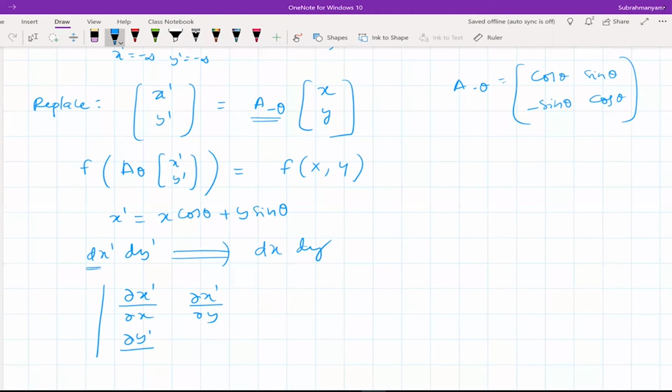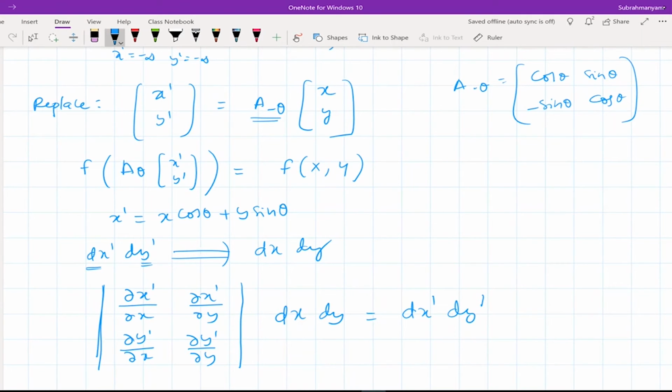On one side you have x dash and y dash. So for y dash you take with respect to x, now dou y dash by dou y. You take this determinant, multiply it with dx dy, that would give you dx dash dy dash. This change of variables, you should have studied it in calculus.